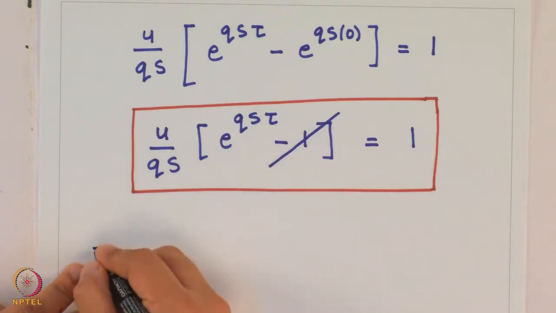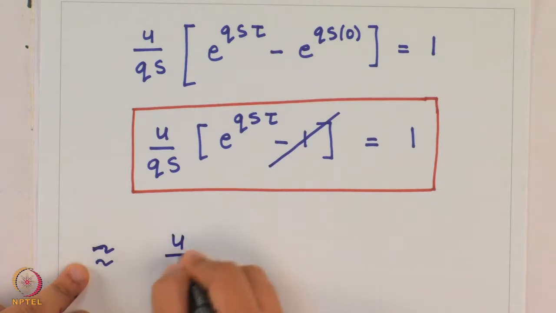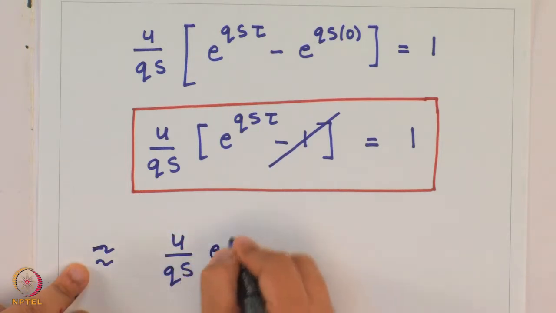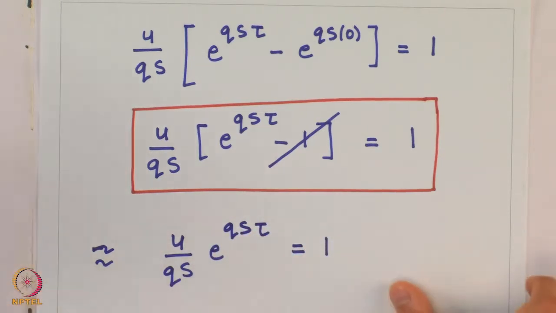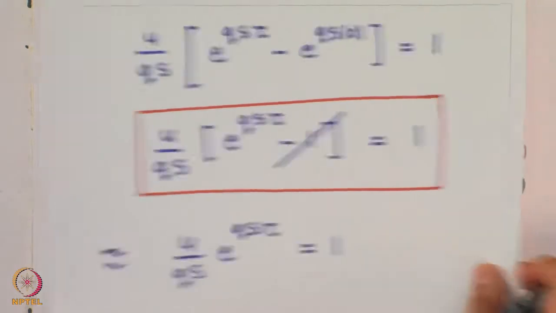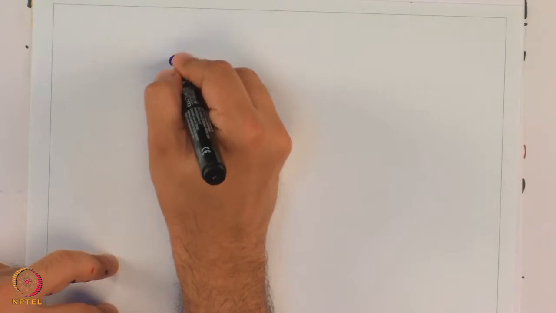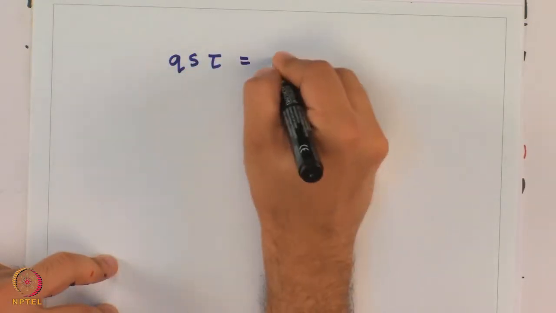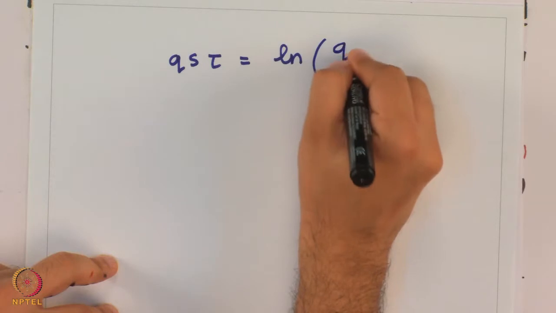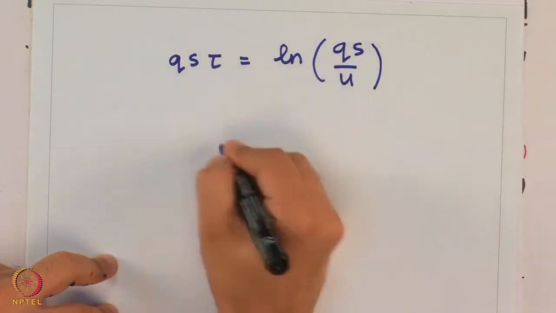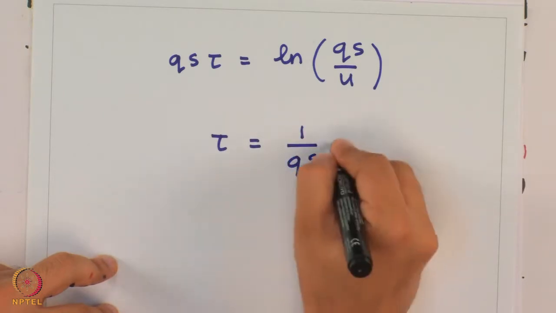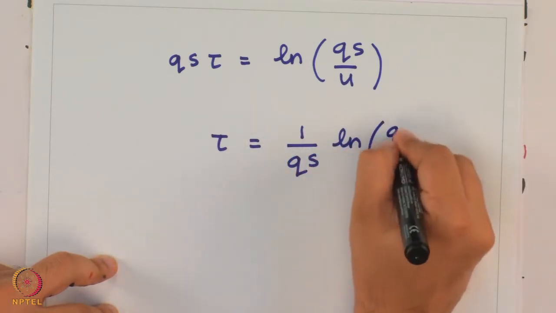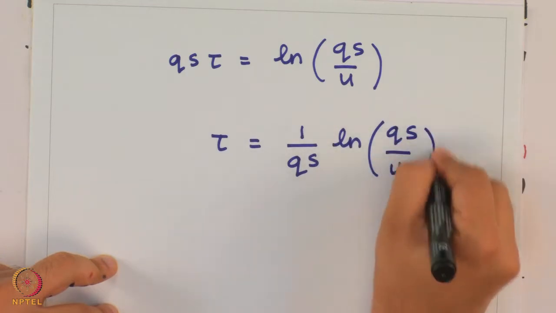This is approximately equal to u by qs e to the power qs tau equal to 1, and then I can just simply take log of both sides, and I get qs tau is equal to ln of qs by u, or tau is just equal to 1 upon qs ln of qs by u.